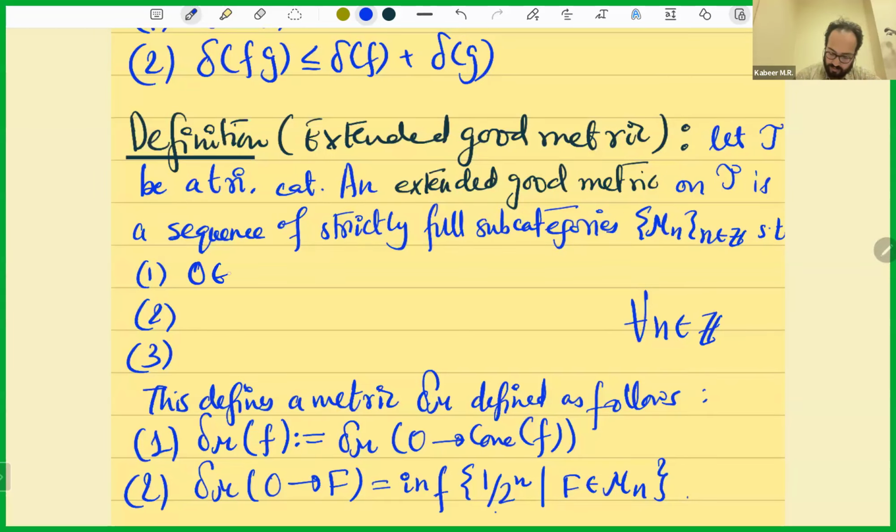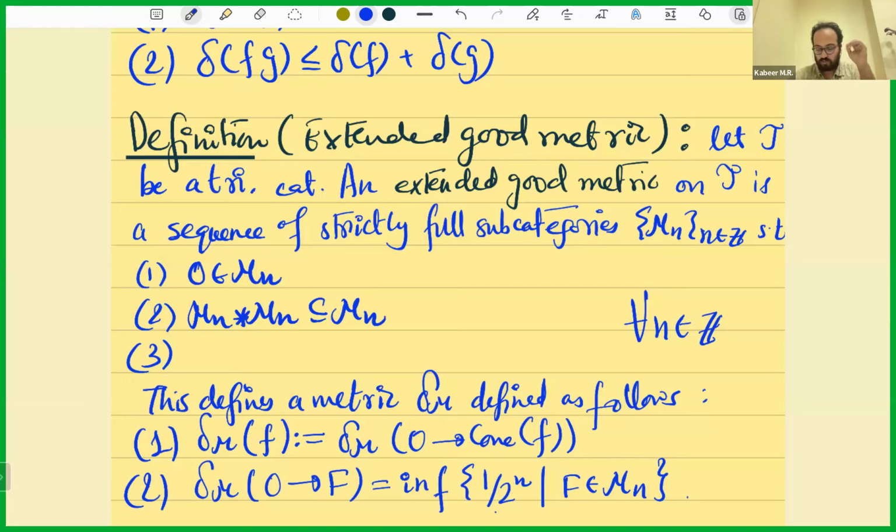So the three conditions that these satisfy are that 0 belongs to each of these full subcategories, which if you think about the analogy makes total sense that these are balls around 0, so they should definitely contain 0. The second is that these are closed under extensions. So star here just denotes extensions.